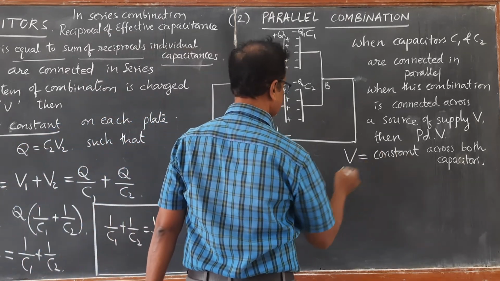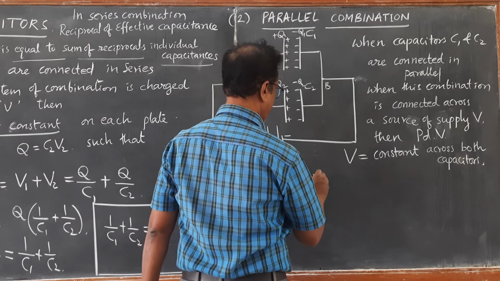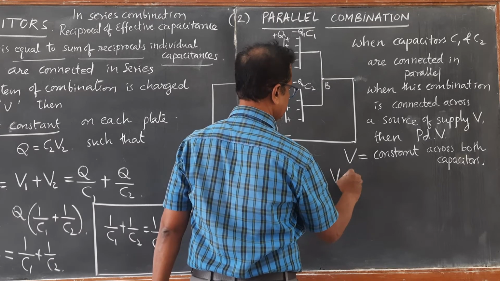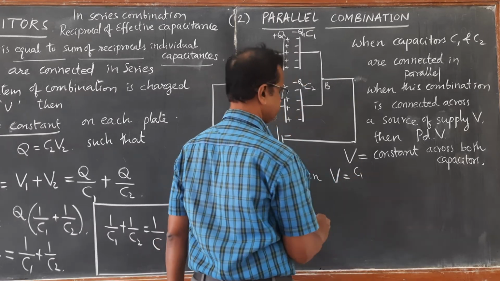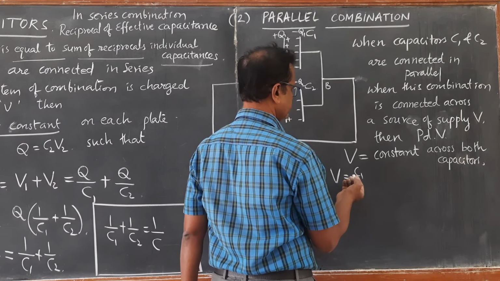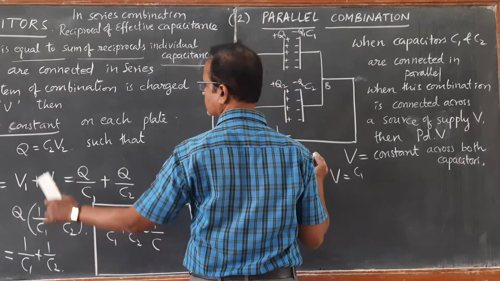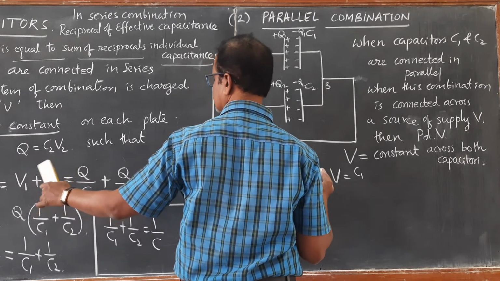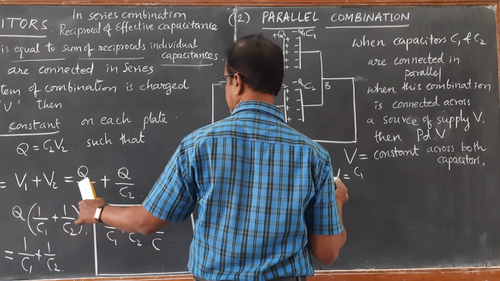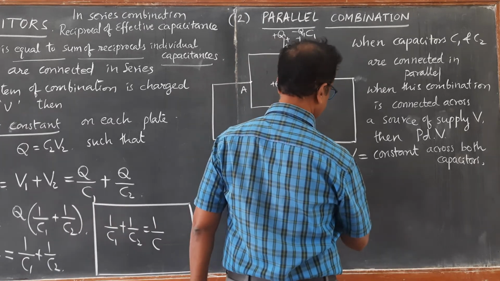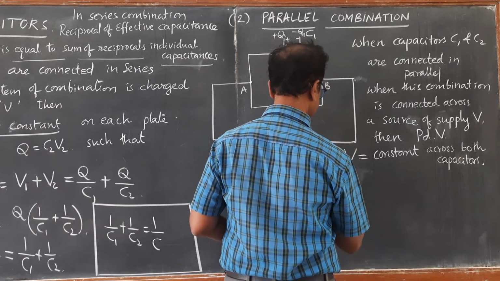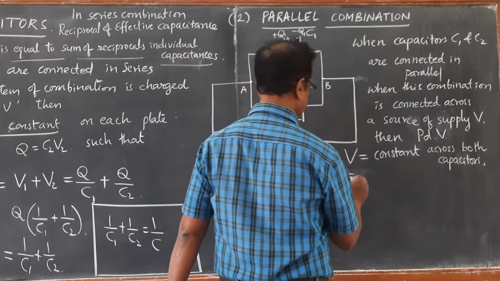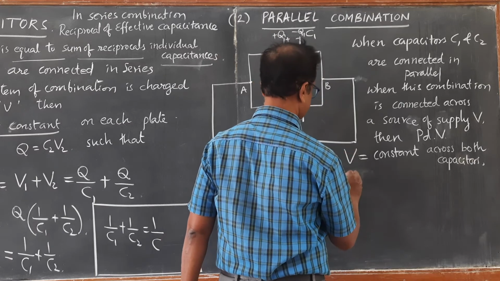When V remains constant, then we get C equal to Q by V, so Q equal to CV. So, V is equal to Q by C. Here, Q is equal to the charge across the first capacitor, Q1.